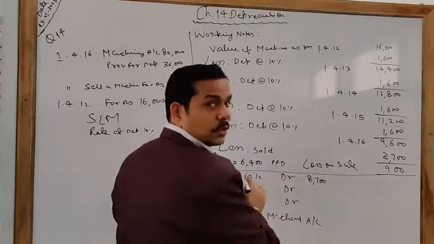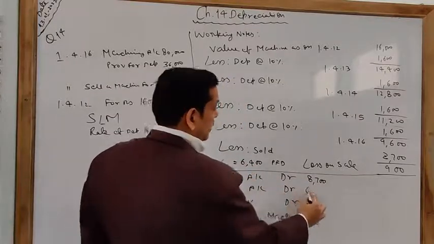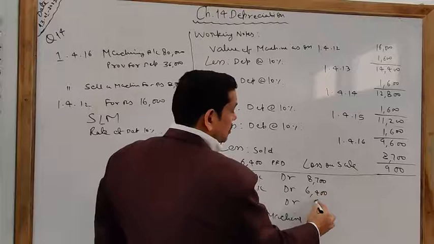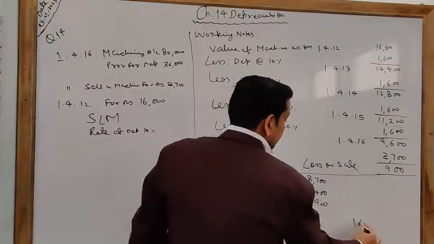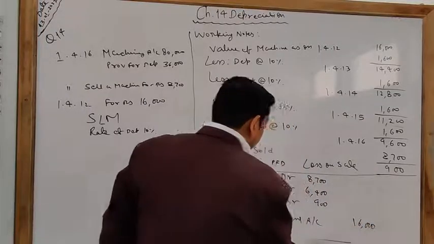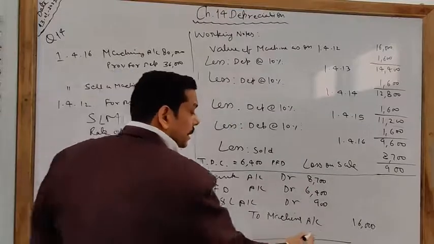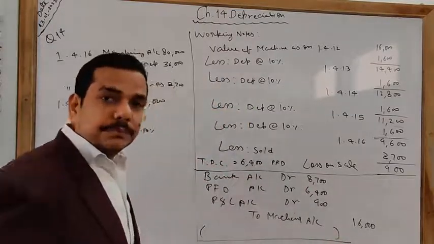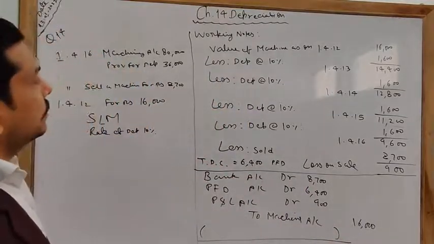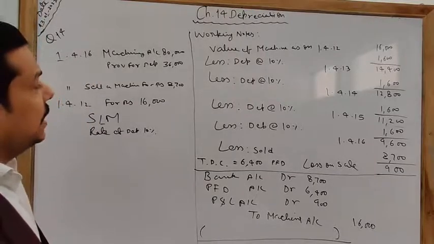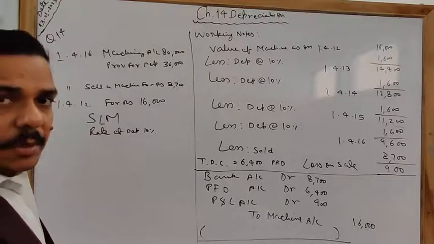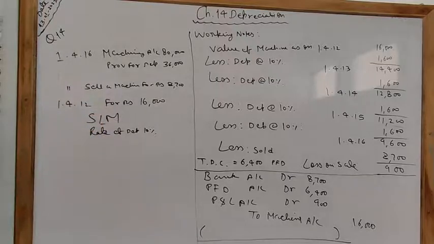Provision for depreciation, that is total depreciation charge, 6,400, and loss on sale 900. Here write down the narration, being the machinery sold. Clear? Now all your accounts' working notes have been prepared. Now we are going to make machinery account and provision for depreciation account. You can also draw a ledger in your register and see how to prepare it.